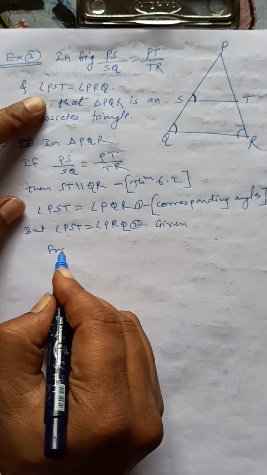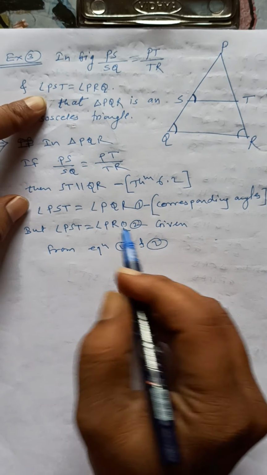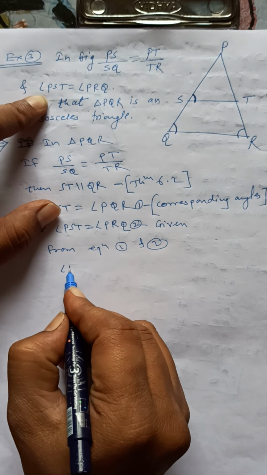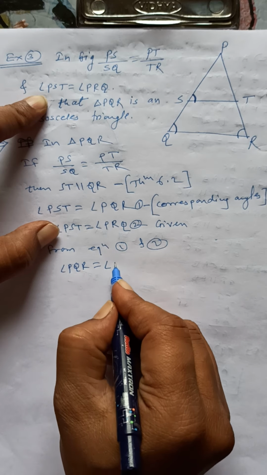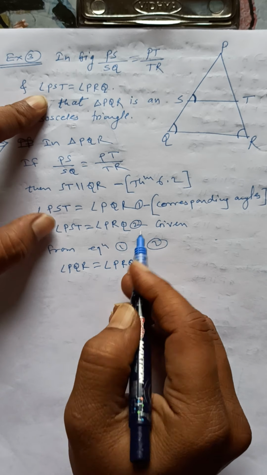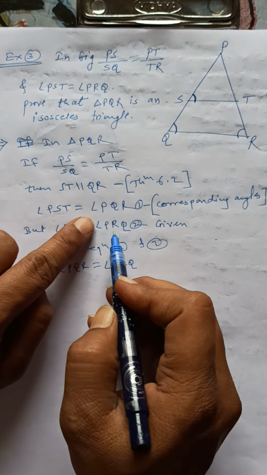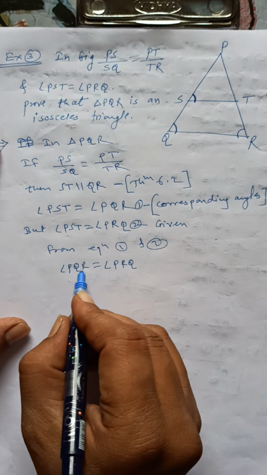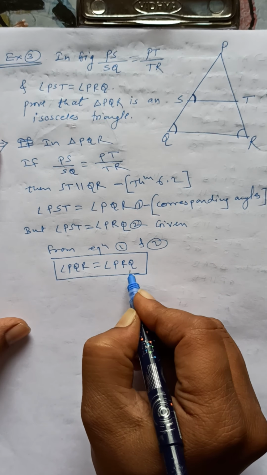So from equations 1 and 2, angle PQR is equal to PST, which is equal to angle PRQ. Means in 1 and 2 the left hand side is the same, so that's why the right hand side is also the same. From 1 and 2, angle PQR is equal to angle PRQ.